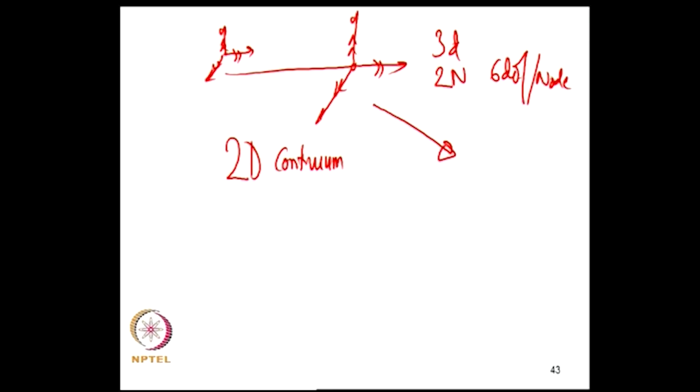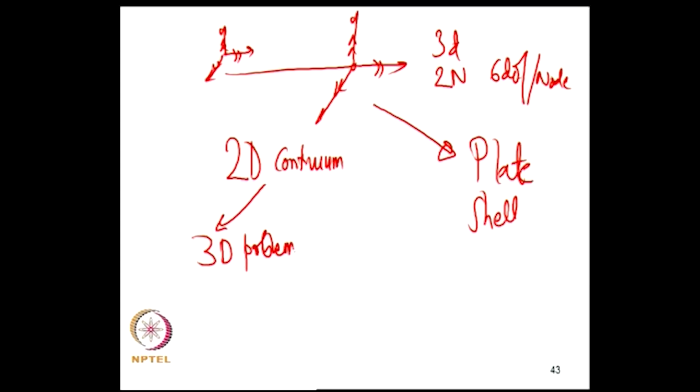This beam theory will get extended to plate and shell. This 2D continuum we can now consider for 3 dimensional problems. That means, when conditions of plane stress and plane strain are not satisfied, here another 2D model becomes possible, that is axis symmetric solids, and then 3D solids.